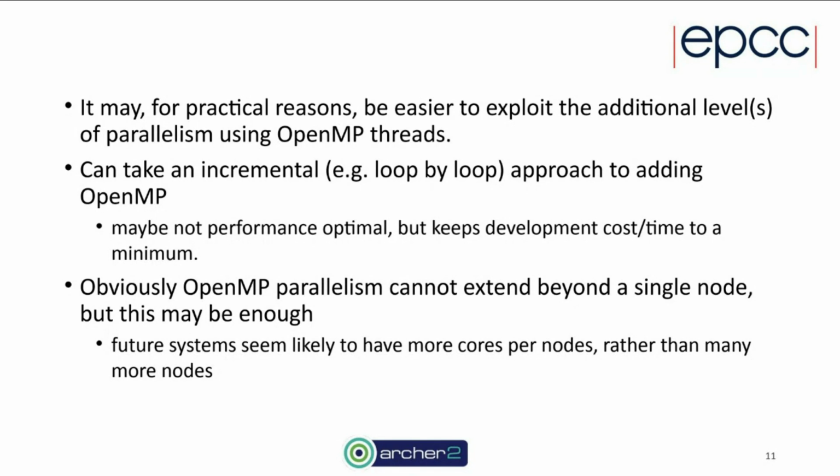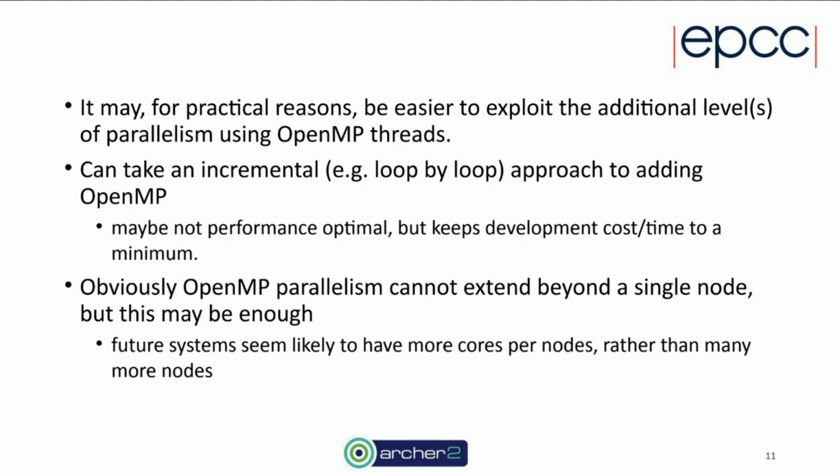And obviously the OpenMP parallelism can't extend beyond a single node, but that might be enough, especially if we're seeing nodes like ARCHER2's, which has 128 cores per node. That's quite a lot of parallelism. It's often not sensible to run one process with 128 OpenMP threads on this hardware, but in principle, there are increasing amounts of parallelism available inside a node.